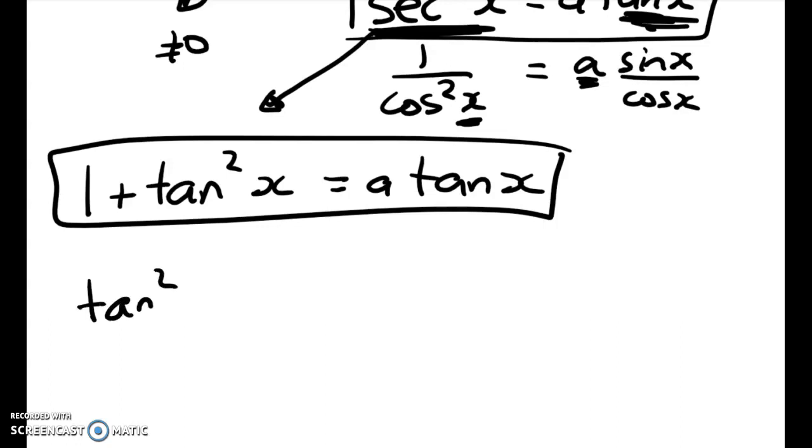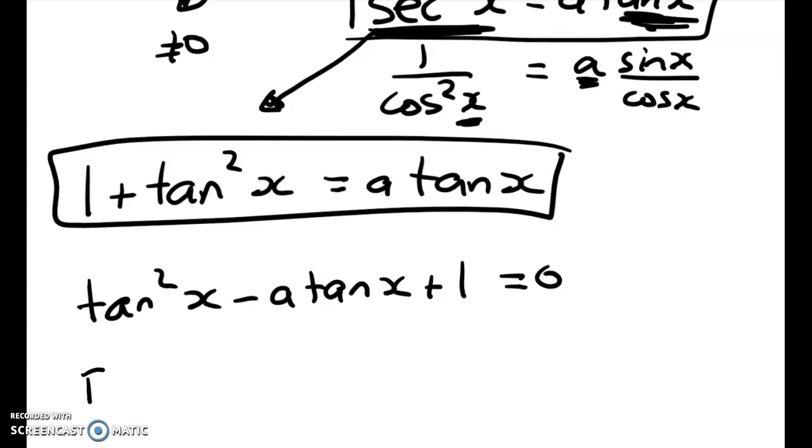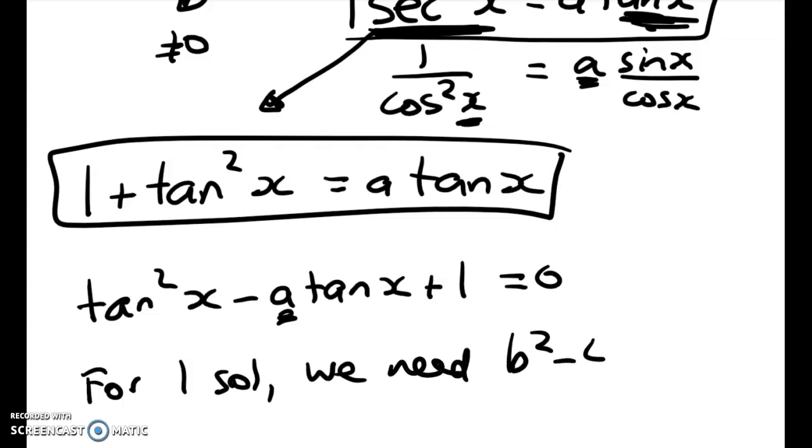So we're going to try and turn this into a quadratic equal to 0. So tan squared of x minus a tan x plus 1 is equal to 0. We're trying to find the value of a. So for one solution, we need to have b squared minus 4ac equal to 0.